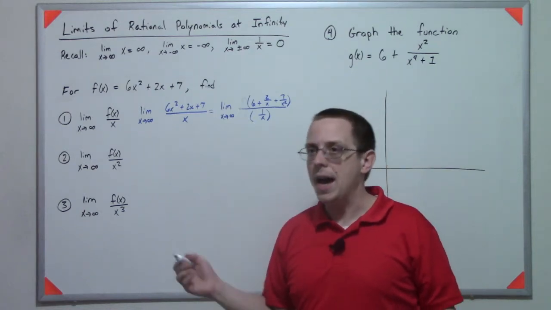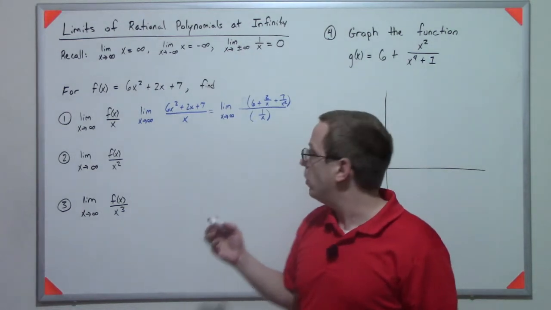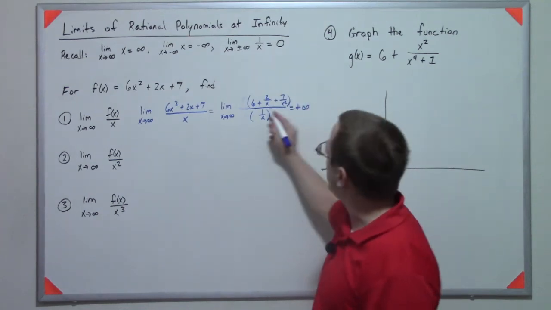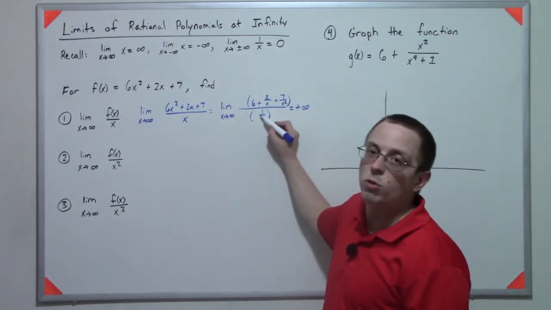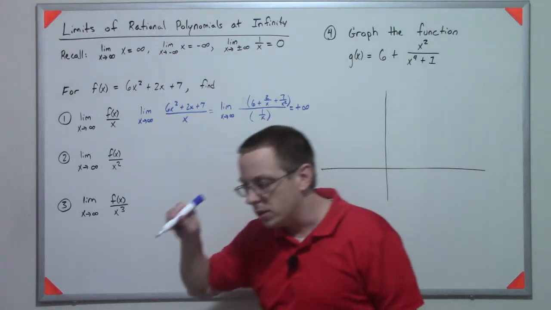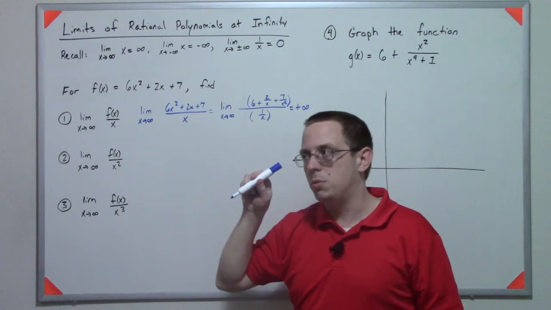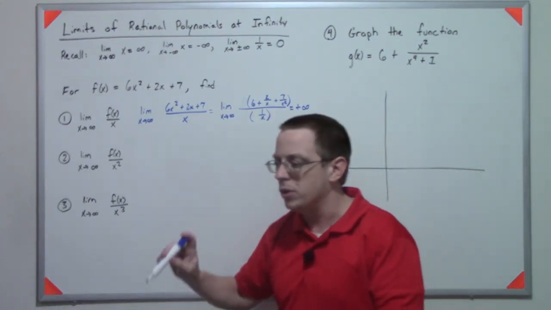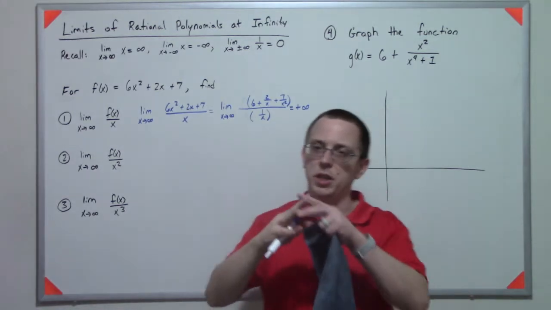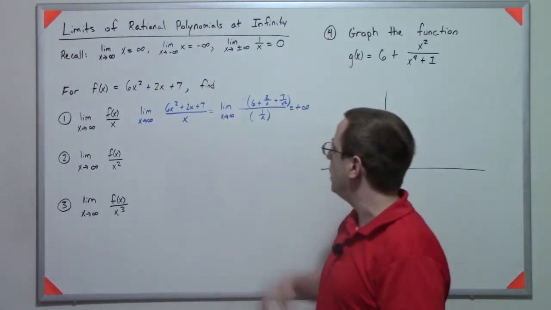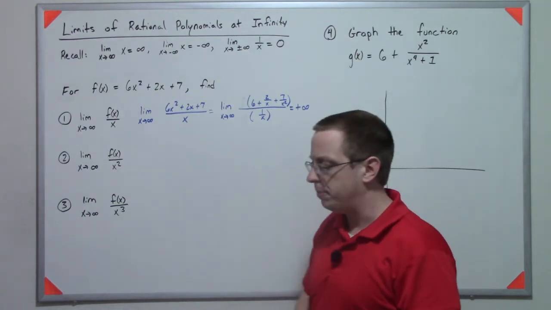So what you're going to have is positive infinity, because it's 6 over 0, but it's not directly 0, right? It's driving down towards 0. It's 6 over a really small number, so it's shooting off to positive infinity. And that's kind of how you analyze that.